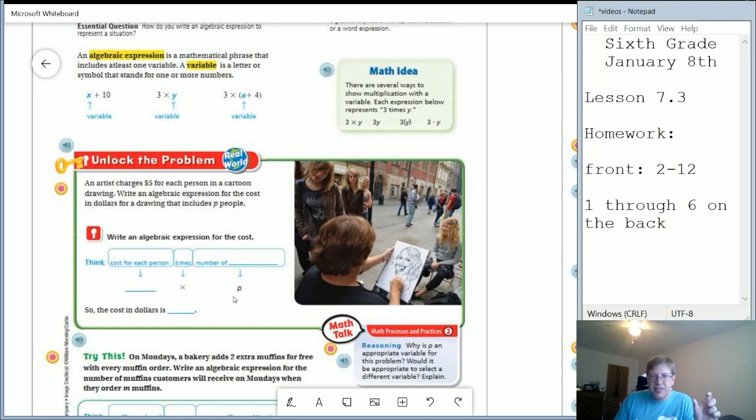Our independent variable in this case is going to be the one that's set, if I'm remembering that correctly. I might be giving it backward. And the dependent variable is the one that affects the answer. So in this case, P is the variable that could be a different number of people, and as that number changes, it is going to change our total.